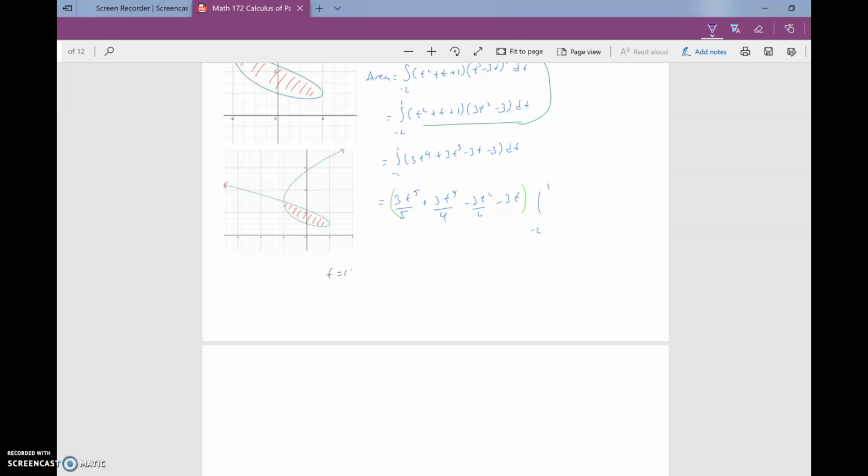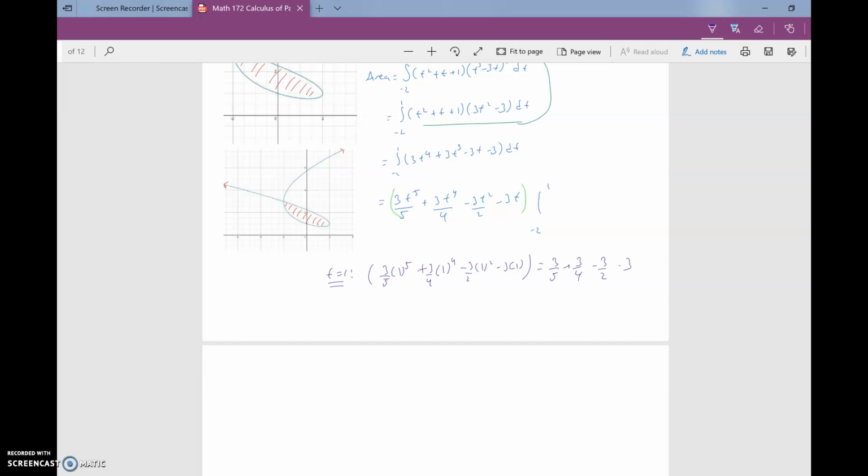For t equal to 1, we're going to have 3/5 times 1 to the fifth, plus 3/4 times 1 to the fourth, minus 3 halves times 1 squared, minus 3 times 1, or simply 3/5 plus 3/4 minus 3 halves minus 3.